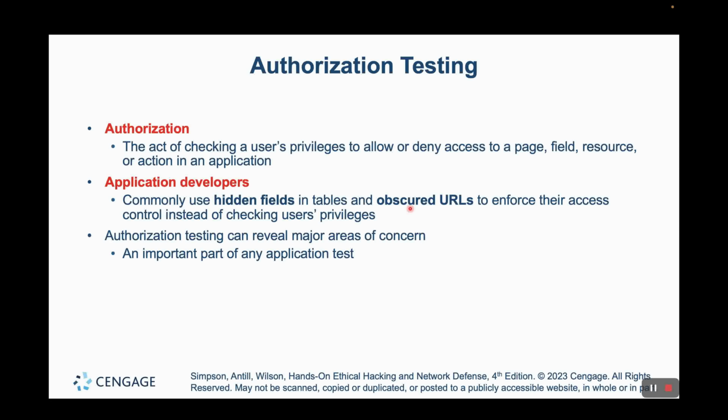Now, the other one, the obscured URL, it's basically a URL that contains parameters or identifiers. How is it misused? Well, simply, developers believe that by merely obscuring the structure of this URL, they can hide or protect specific resources.